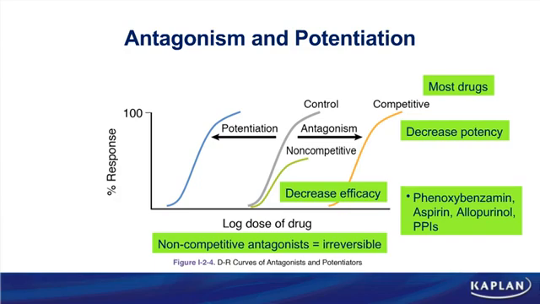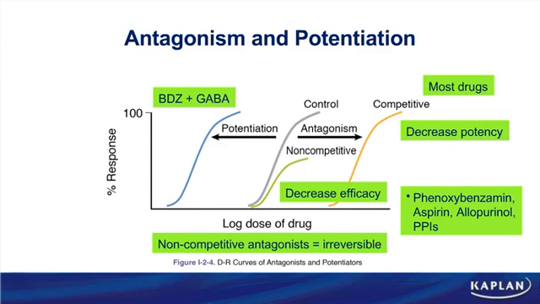We also have an example of potentiation. Potentiation is rare. There are not a lot of examples, and probably the best example is when you add a benzodiazepine in the presence of GABA. Well, if that's my example of potentiation, what's the control in that case? What's the agonist all by itself? Well, of course, that would be GABA.